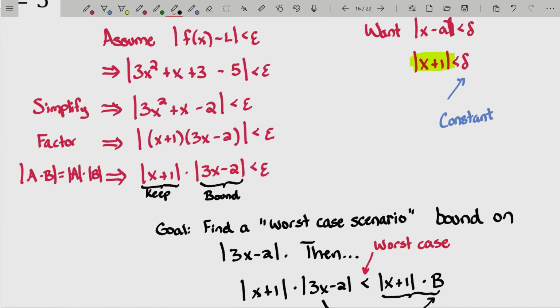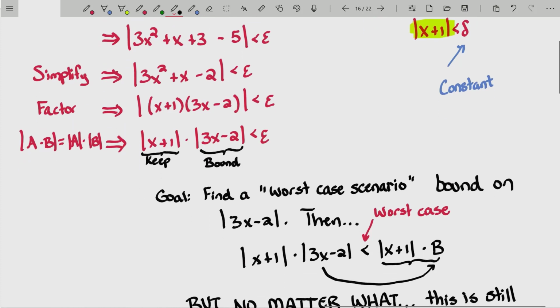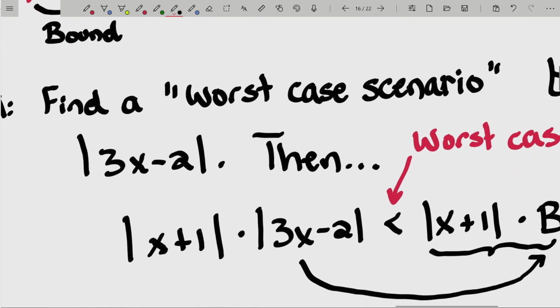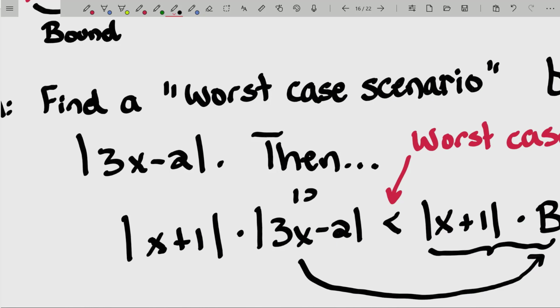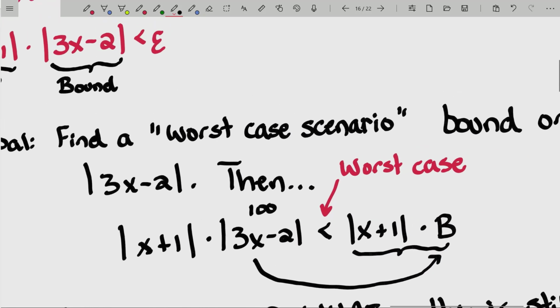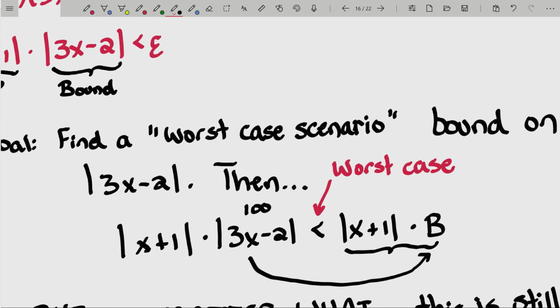We need to present ourselves with the worst case scenario on what 3x minus 2 in absolute values is going to become. And if we can find out how large that gets, if it gets to 100 or something like that in the worst case scenario, then we know that the absolute value of x plus 1 times that absolute value of 3x minus 2 in the worst case scenario will be the absolute value of x plus 1 times 100, if b was 100, which it won't be. That's a silly large number.